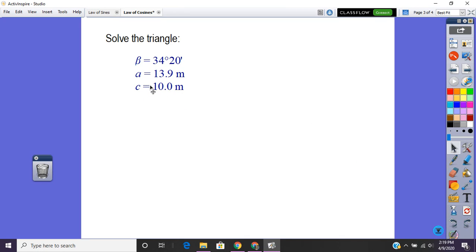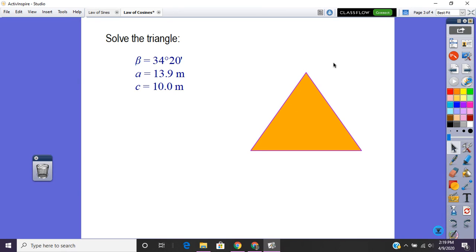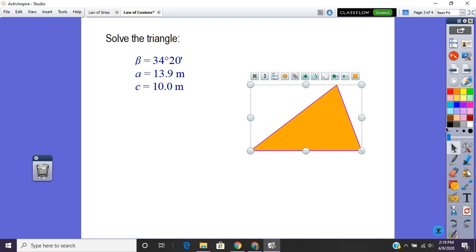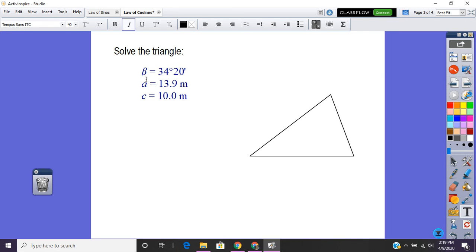So how would we go about solving something like this? Now, if need be, we can draw out our triangle and label the pieces of it so that we can do a little bit of work. I have no idea what the layout of this triangle is, so we're just going to go with this and hope for the best. All right, so beta, ooh, and we've got degrees and minutes.